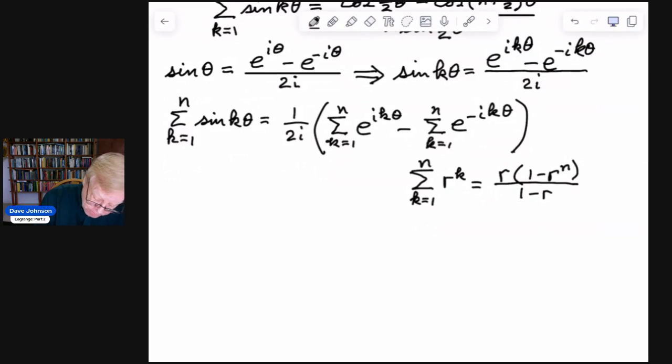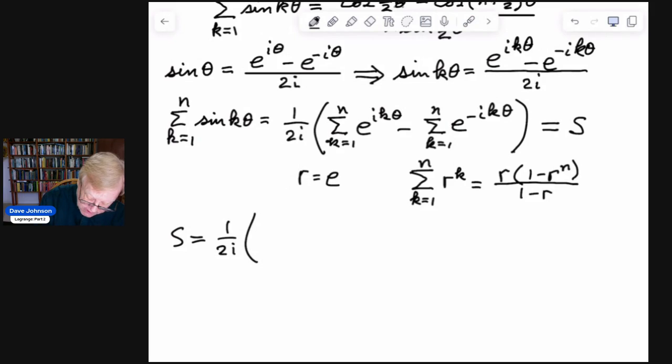So I'm going to go ahead and plug in what we know. And let me go ahead and call this whole thing S. I like to have a handle for, in this case, S represents the sum. So S is equal to 1 over 2i. And so I can replace this first sum, because this is e to the i theta. Let me say r, in this case, r is e to the i theta. And for the second sum, it'll be e to the negative i theta, but I don't need to write that.